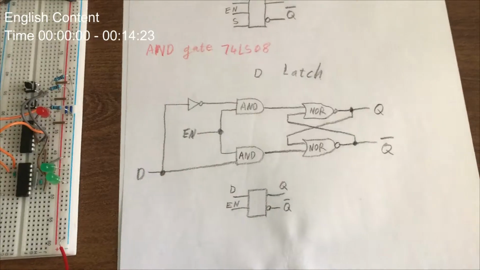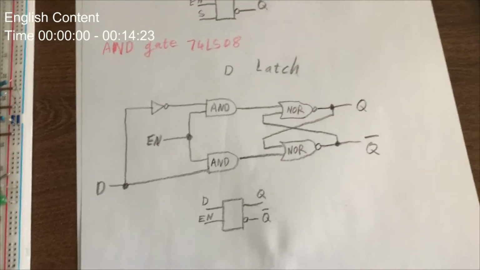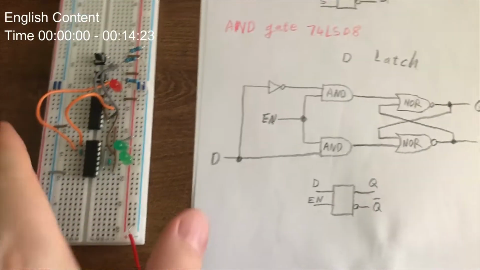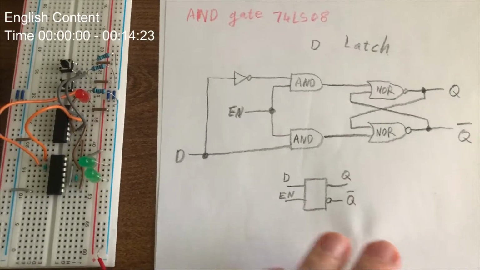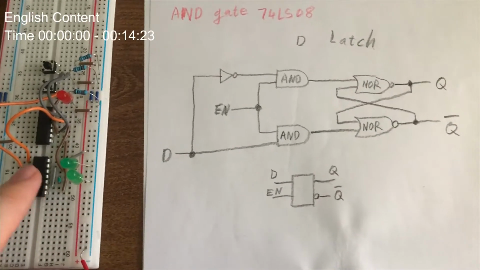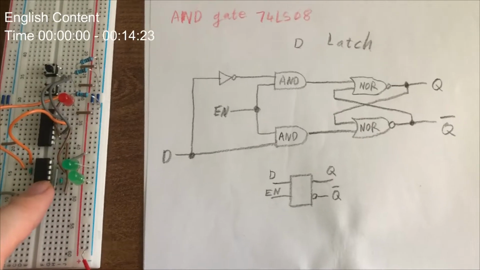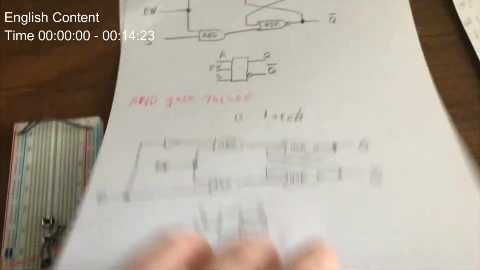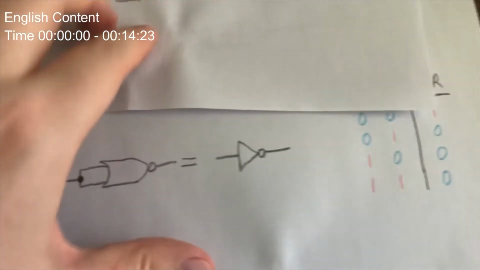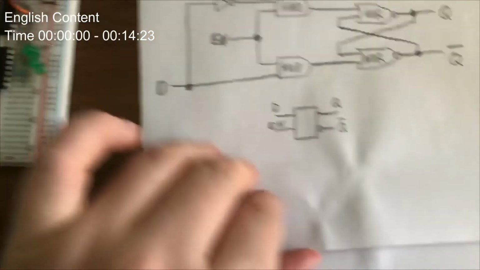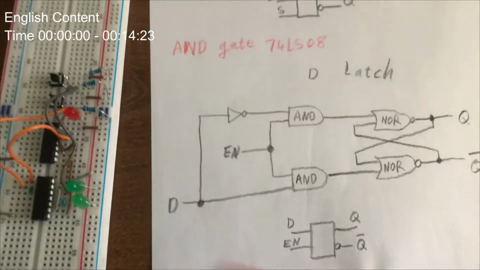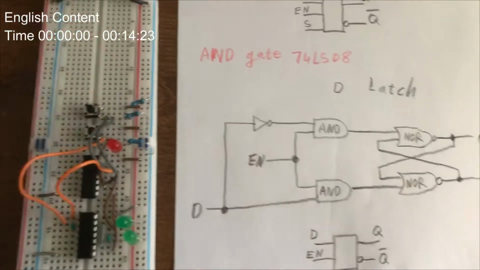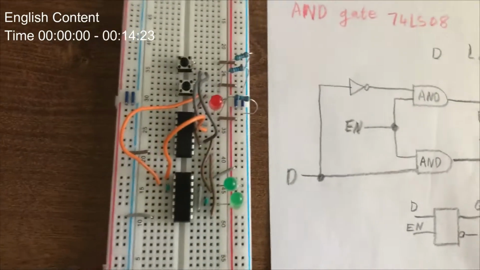Now we have built these circuits, and in these circuits we have used one of the NOR gates in this 74LS02 chip, and we have built the inverter here. We can use this graph to build this kind of circuit.